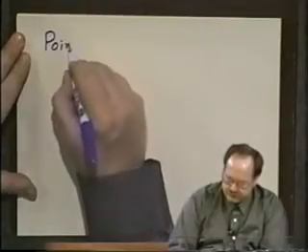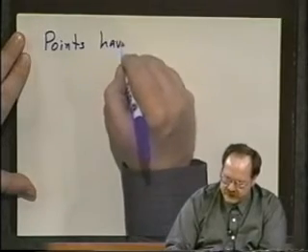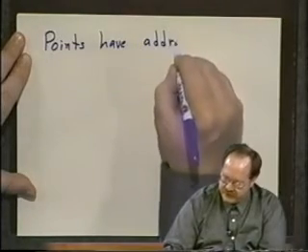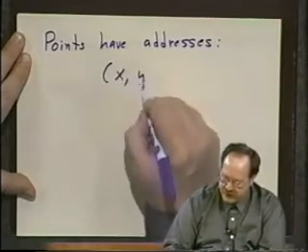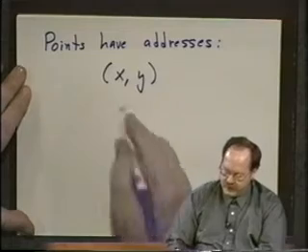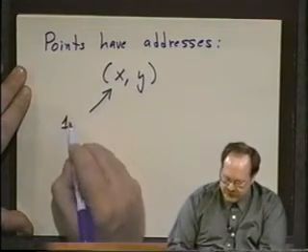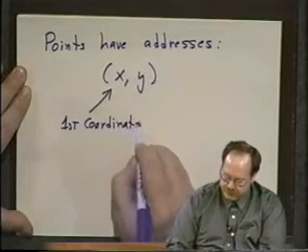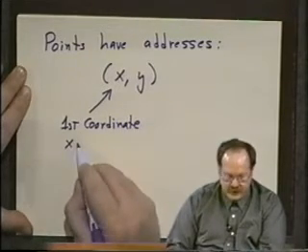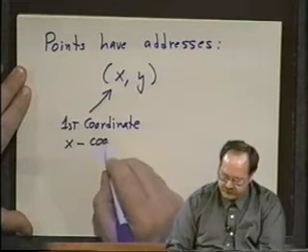Points have addresses, as you saw on the previous page, of the form x, comma, y. This is the first coordinate. It's also referred to as the x coordinate.